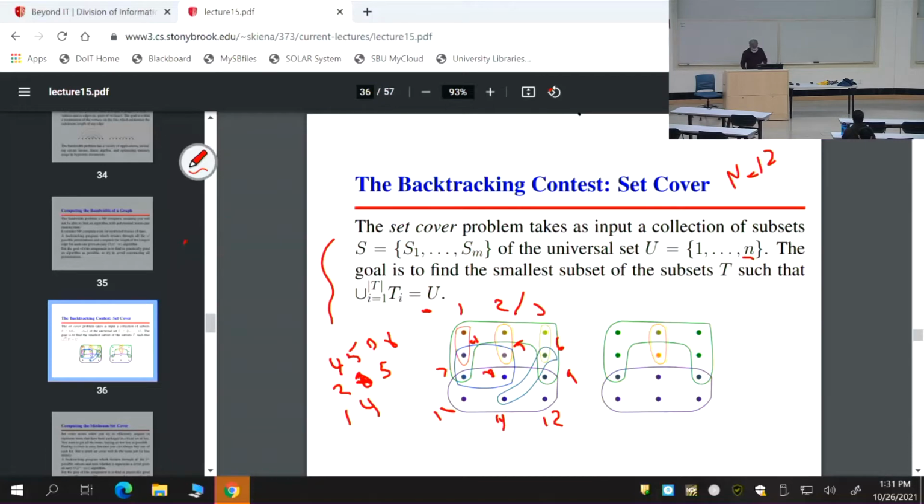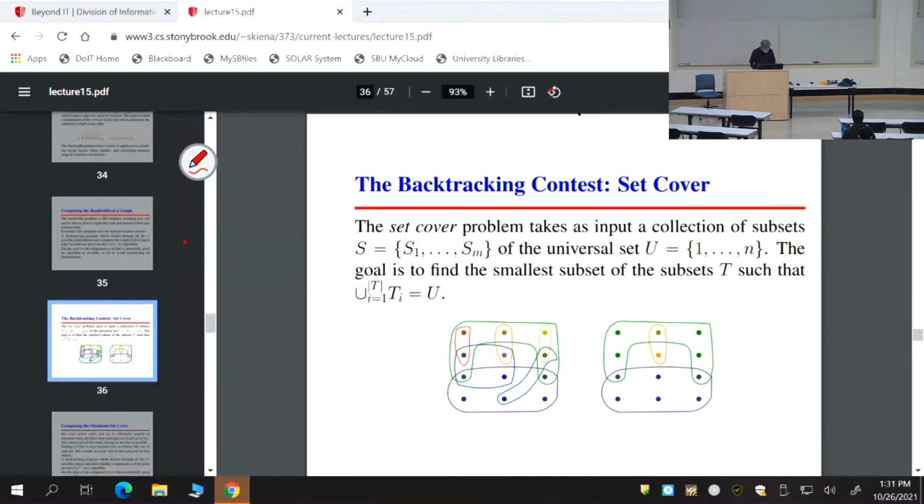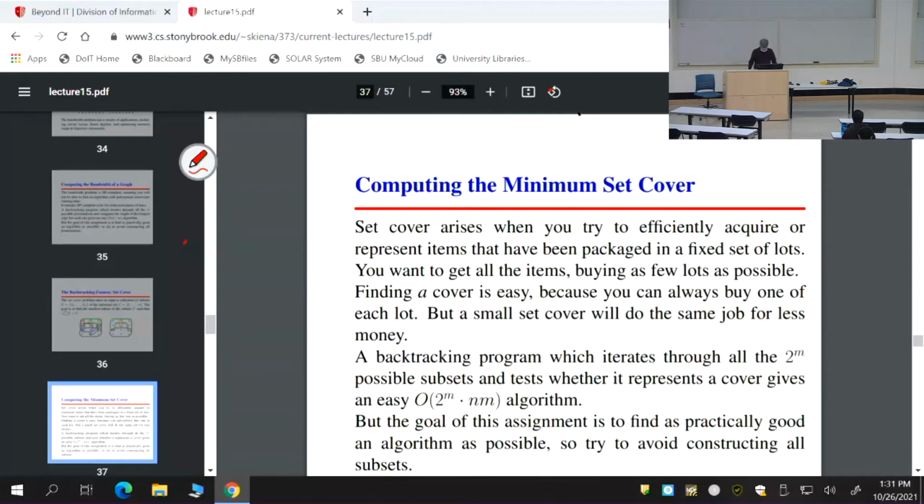Your job is going to be to write a backtracking program that takes the input set cover problem and implicitly tries all 2 to the m subsets of subsets, and then checks whether each creates a cover.